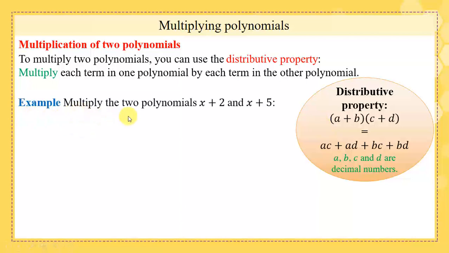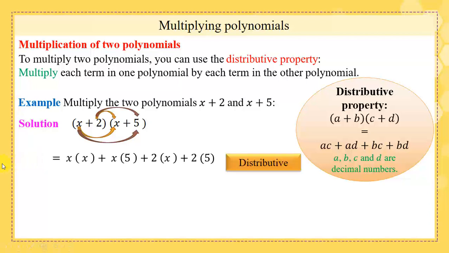Example. Multiply the two polynomials x plus 2 and x plus 5. First of all, we multiply x by x, then x by 5, then 2 by x, then 2 by 5. We get x times x plus x times 5 plus 2 times x plus 2 times 5 by using the distributive property.